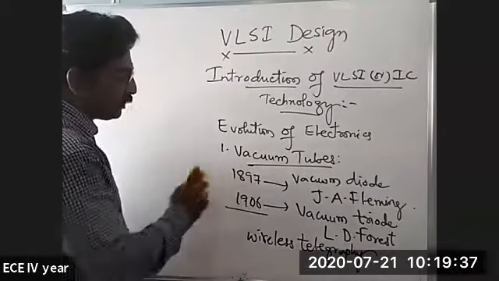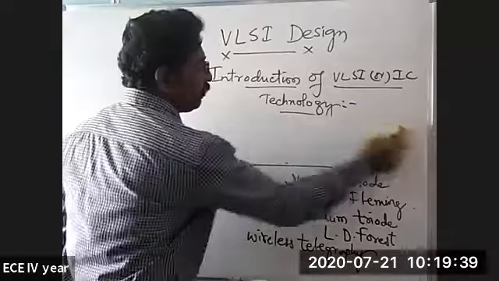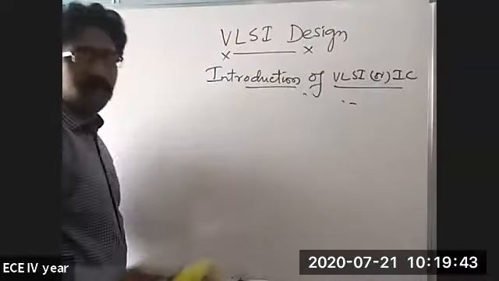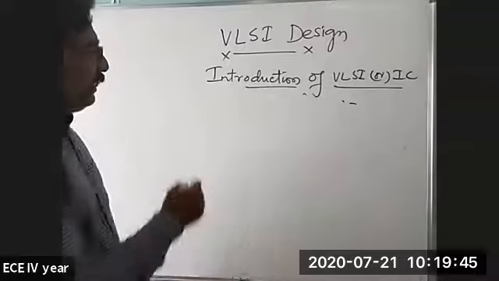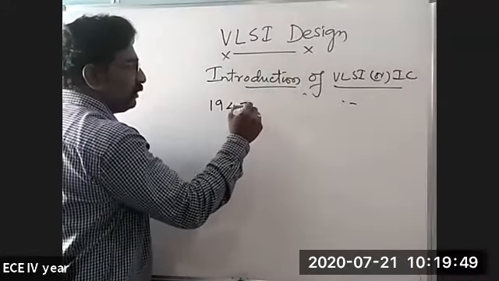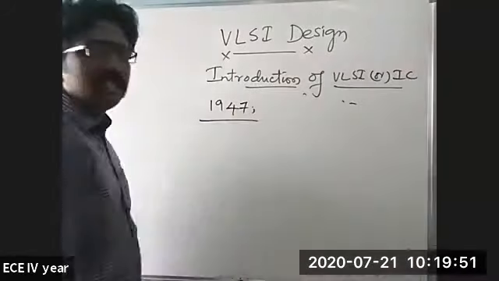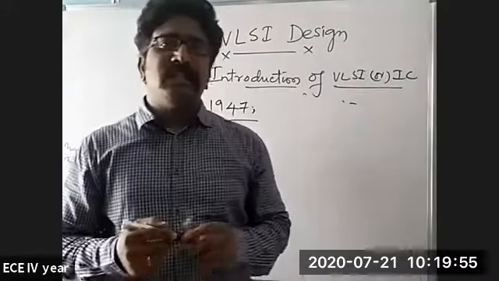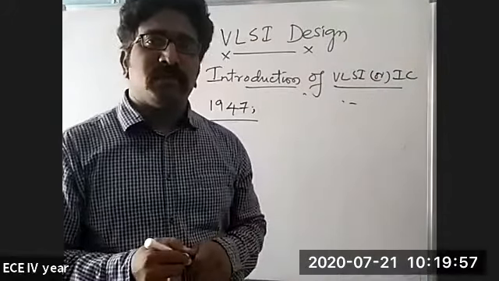Okay, let us go into the next part of this evolution of electronics. Now, 1947 is a main year. This is the year where the revolution of electronics took place.